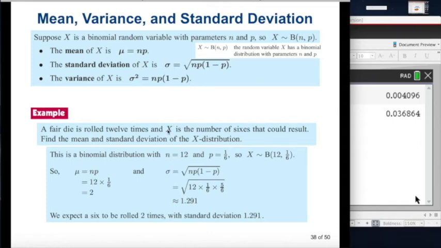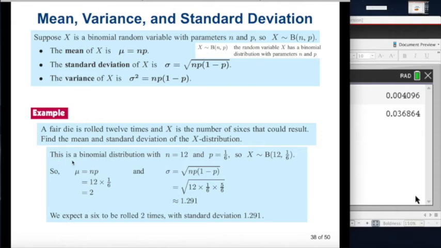Remember that the random variable is the number of sixes, and for one roll of the die the probability of getting a 6 is 1 over 6. So random variable X is binomially distributed with 12 trials and probability of success 1 over 6.